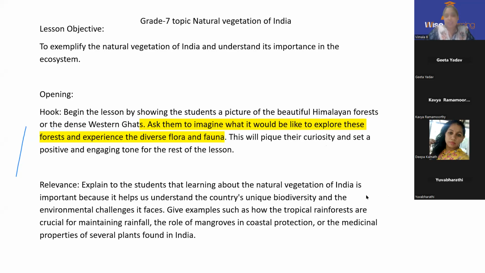I'm going to help students understand the unique biodiversity in the country and the environmental challenges it faces, as well as give some explanation about the tropical rainforest as well as the mangrove forest.